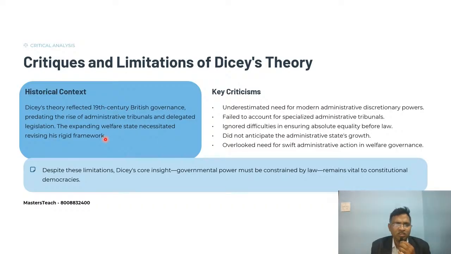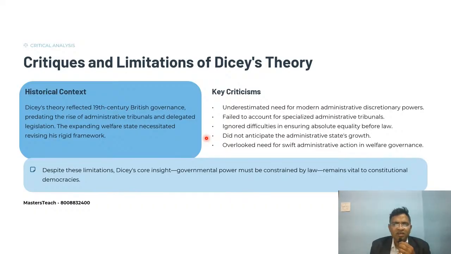The British government was predicting the rise of administrative tribunals and delegated legislation. The expanding welfare state necessitated revising the rigid framework. So what is the criticism here? Dicey's theory underestimates the need for modern administrative discretionary powers. It failed to account for specialized administrative tribunals.